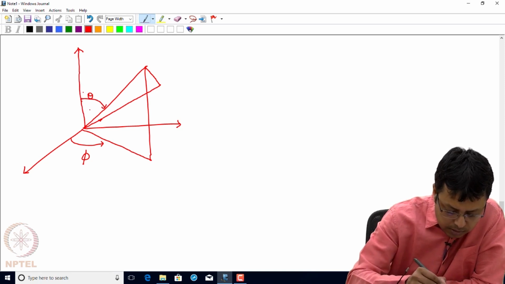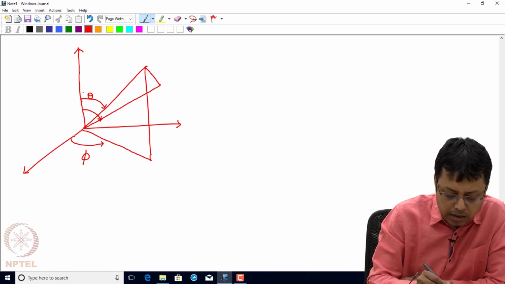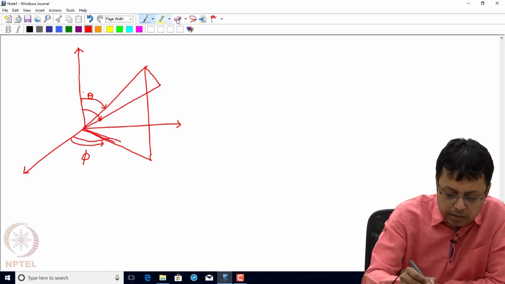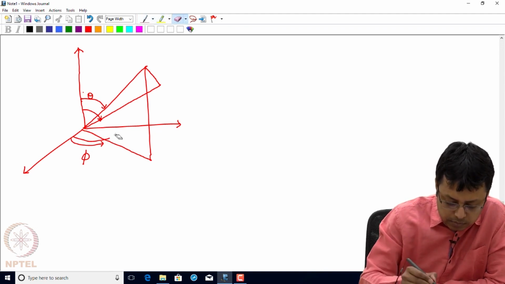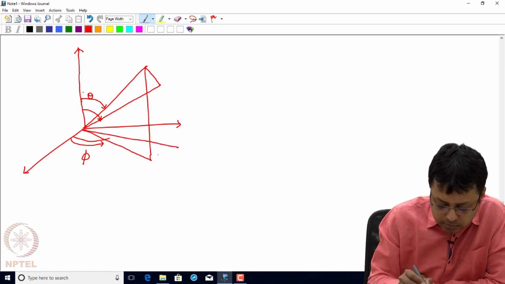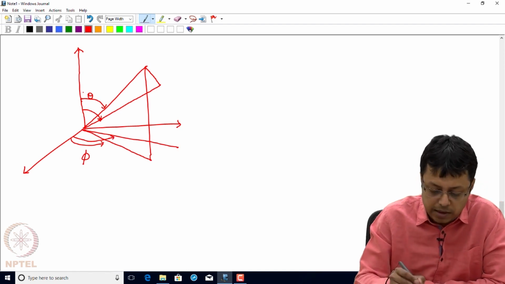So this is theta, and this is theta plus d theta. Similarly, I can also sweep another angle from phi to phi plus d phi. So let's say this is the phi to phi plus d phi angle.